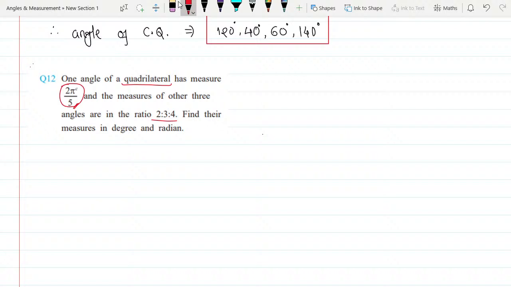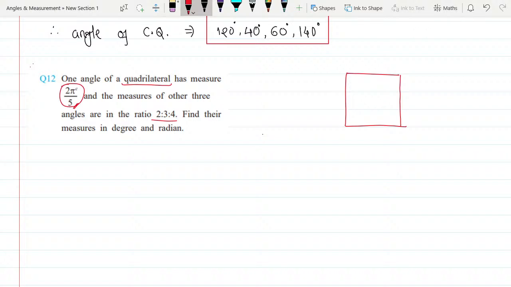For this we should know that for any given quadrilateral, the sum of the interior angles, taking this square as an example, is always equal to 360 degree. This we have to understand.